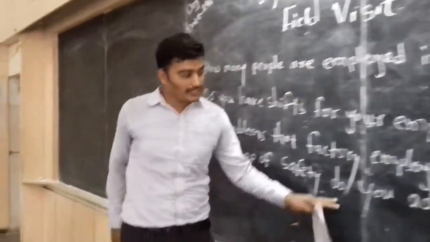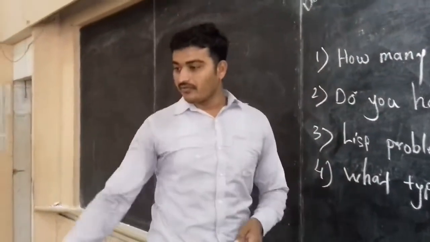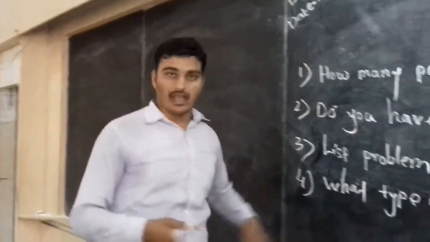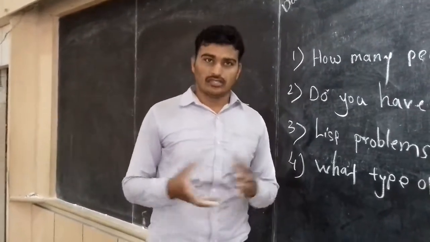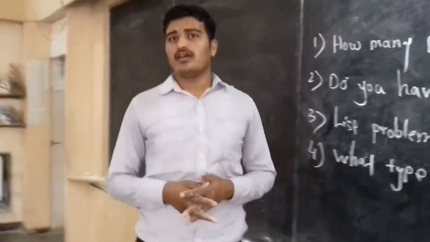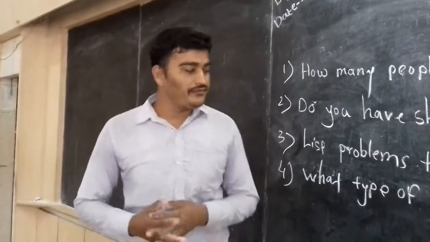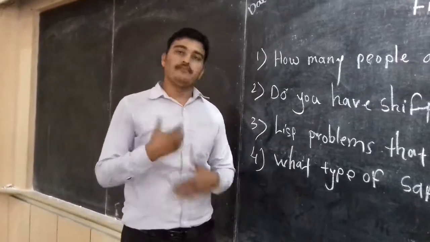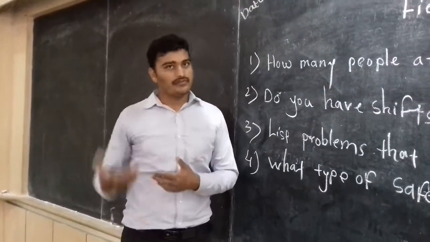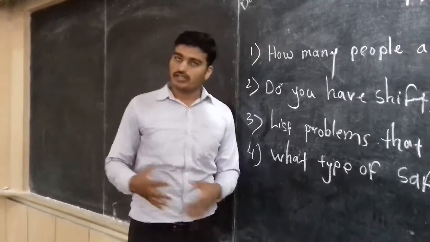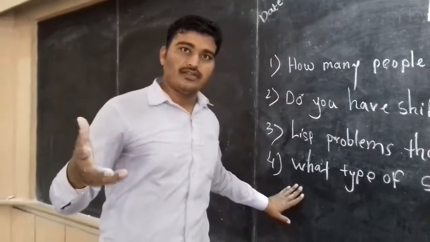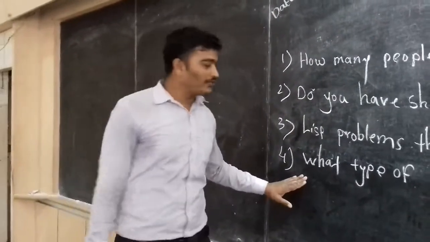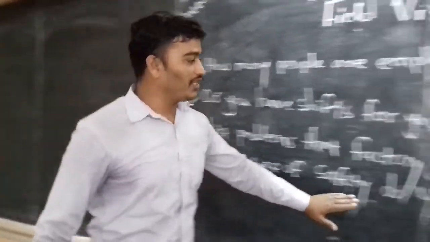In this question also we will get some improvements or recommendations at last. If they have provided any safety things, we can see gloves, helmets, and other safety things that are important for the workers' lives. If they have already implemented safety things for their workers, then no problem. If not, then you can suggest it in the recommendations, or suggest it to the factory owner. So, what type of safety do you adopt for your staff?